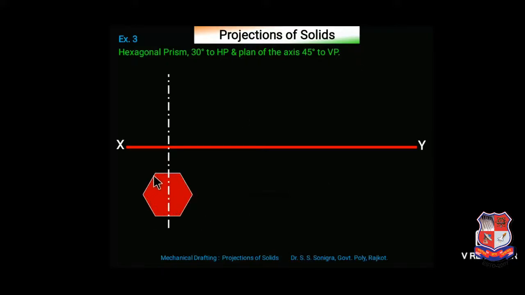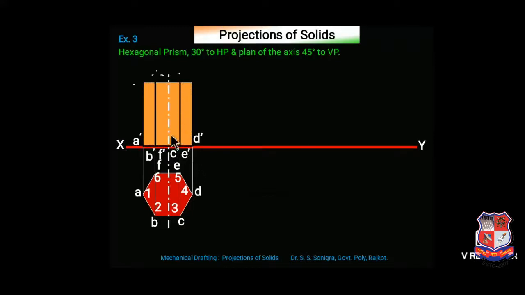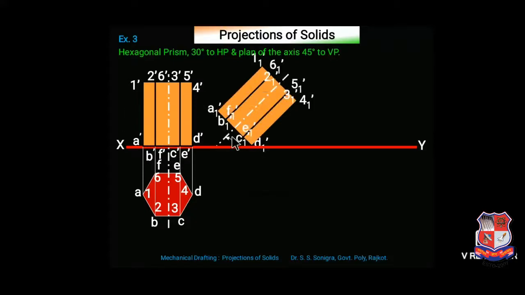So first of all, draw a hexagon below the XY line of given dimension. Name A, B, C, D, E, F and 1, 2, 3, 4, 5, 6 as the points. Draw projection lines from respective points. Mark A dash to F dash on the XY line and draw its front view, right? It's a hexagonal prism, so the front view would be like this. Rotate it at the given angle of 30 degrees to HP.